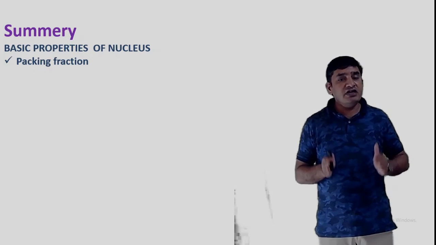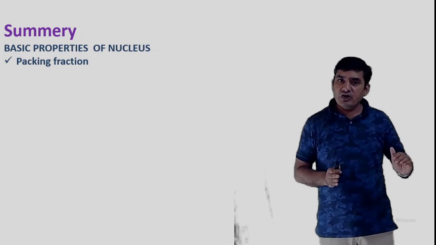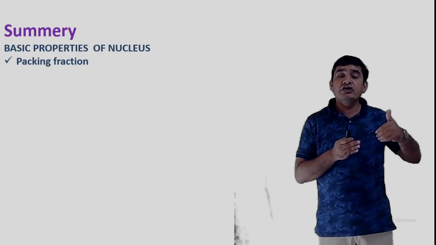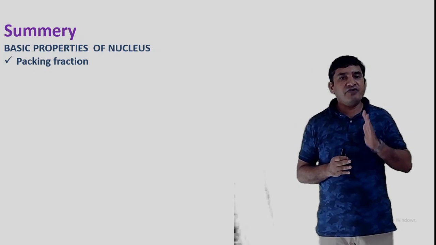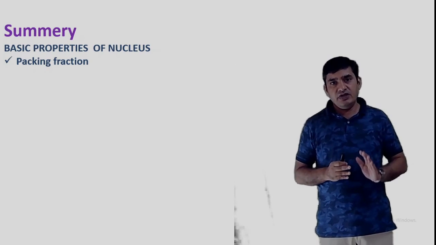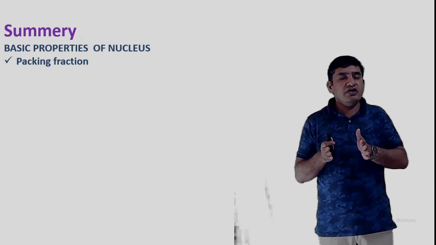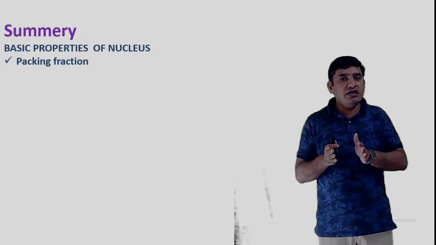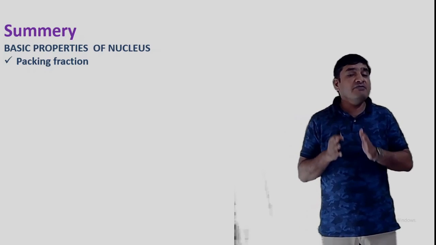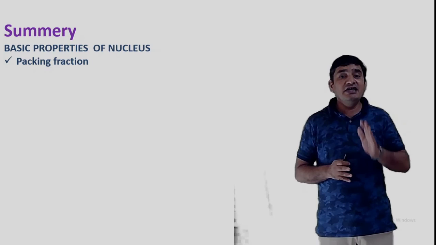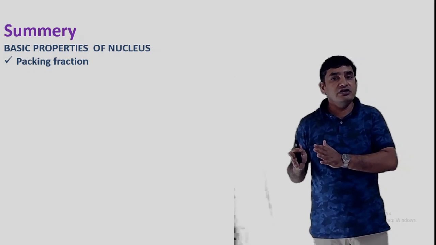There is a different branch for helium, carbon and oxygen because these have very small packing fractions. If the packing fraction is negative, it indicates that the atom has stable nuclei.